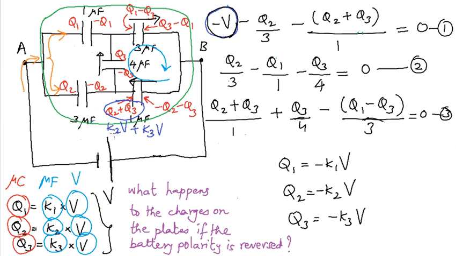Now if you reversed the battery, of course the charge Q2 becomes minus k2 into V, and similarly the charge Q3 is not k3 into V but minus k3 into V. In short, from k2 into V plus k3 into V, the charge on this plate has now become minus k2V minus k3V, which once again tells us that the charge on the plate of the capacitor has remained the same in magnitude but has reversed in sign.